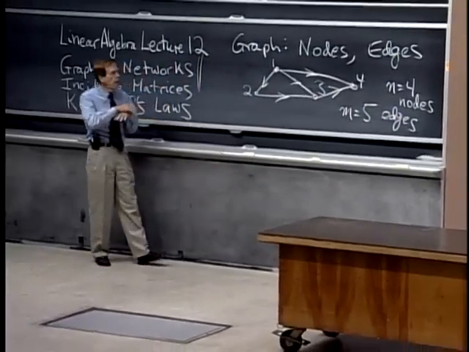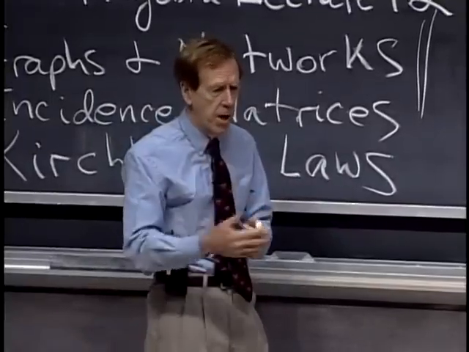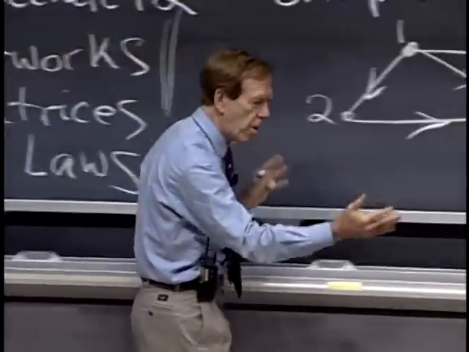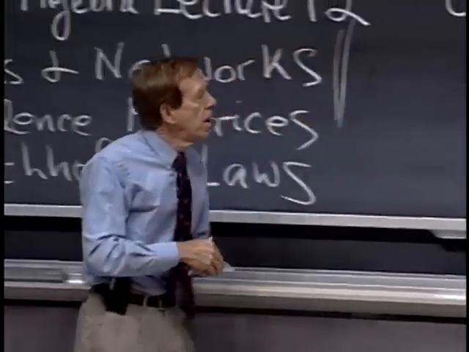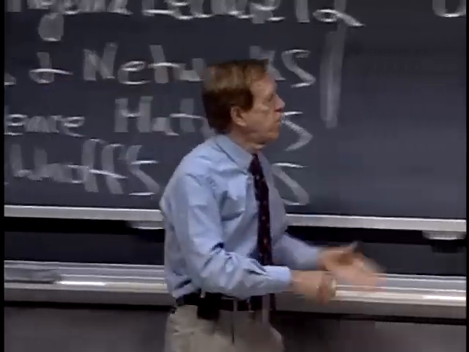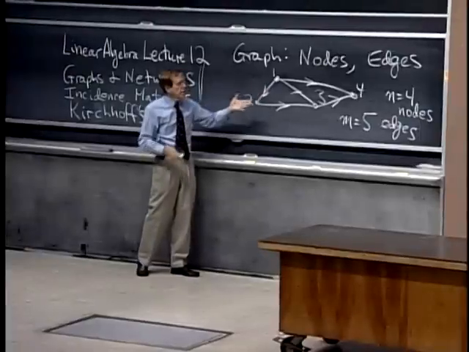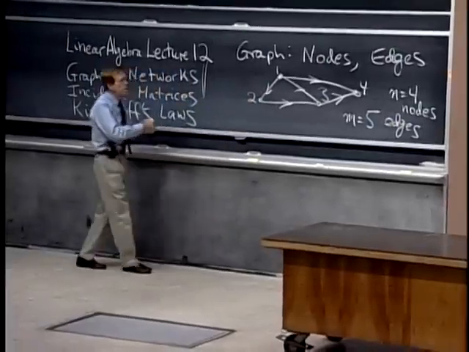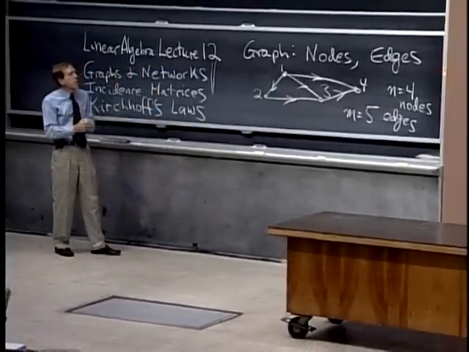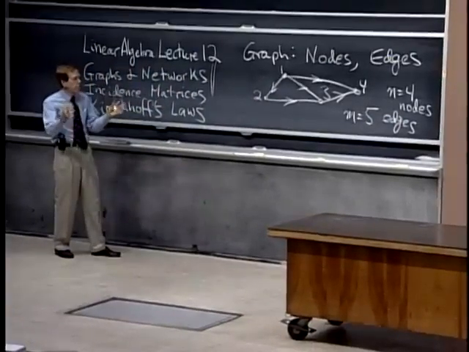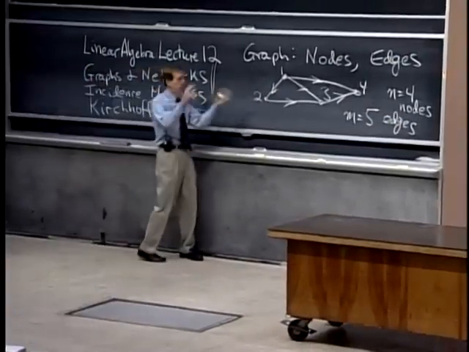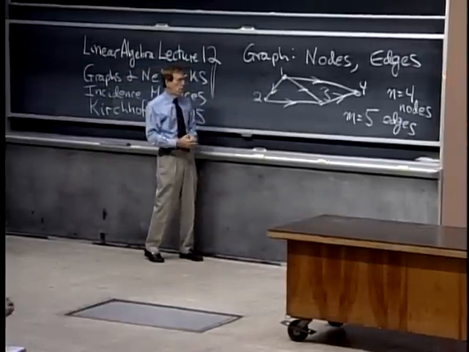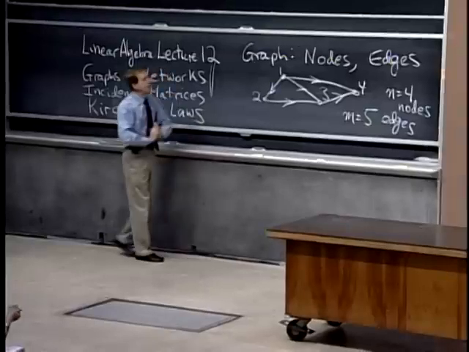It could be a hydraulic network. So we could be doing flow of water, flow of oil. Other examples, this could be a structure, like a design for a bridge or a design for a Buckminster-Fuller dome, or many other possibilities.